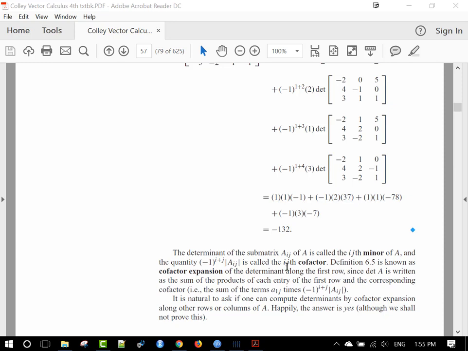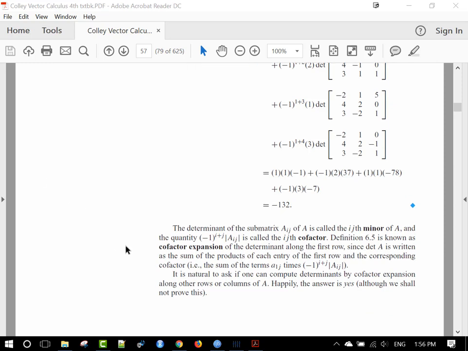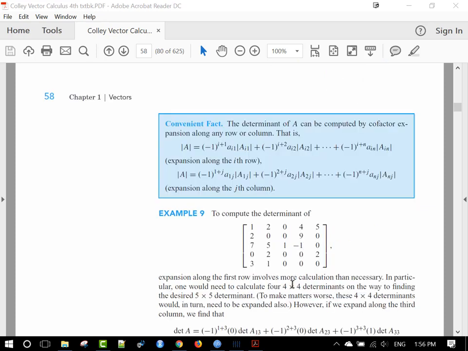Definition 6.5 is known as the cofactor expansion of the determinant along the first row, since the determinant of A is written as the sum of the products of each entry of the first row and the corresponding cofactor. It is natural to ask if one can compute determinants by cofactor expansion along other rows or other columns. Happily, the answer is yes, although we shall not prove this.